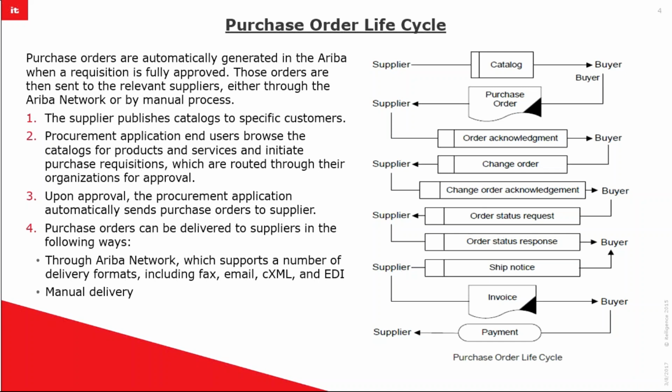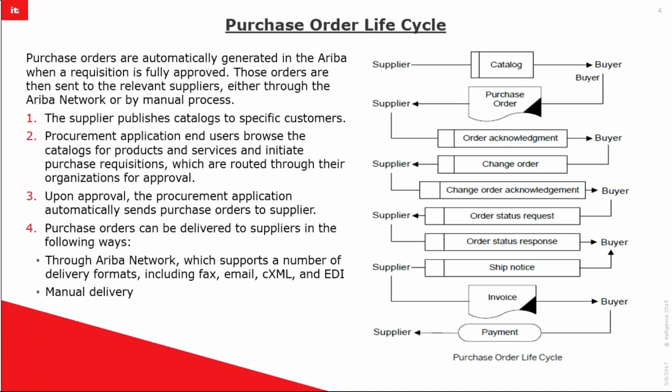Once he approves those catalogs, they will be reflected in the solution. As I showed you that day, we can select from the catalog available in our solution. So once the catalog manager approves those catalogs, they will be available in our system to select. So first is the catalog. Here the supplier has to upload those catalogs to the network, and from the network it will be redirected to the buyer.